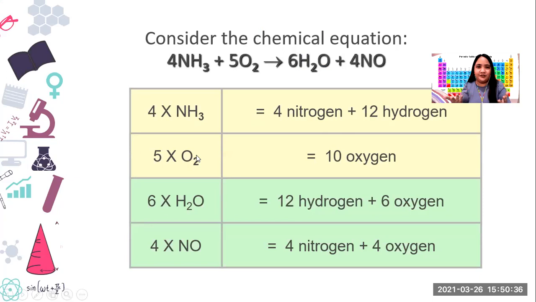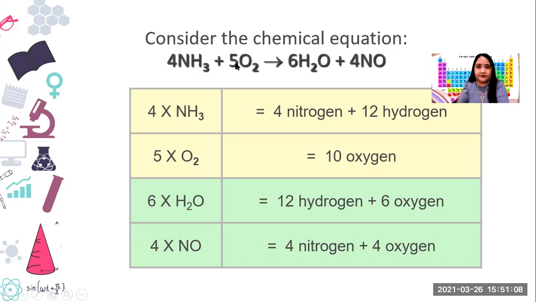Okay, let's have a longer one. Let's consider this chemical equation. Let's check for the first part how many of each element we have. So this is 4 moles, 5 moles of oxygen, 6 moles of water, and 4 moles of this. But how many of each atom are there per molecule? In this case, there are 4 nitrogen, and again, following the rules discussed a while ago, this is 12 hydrogen.